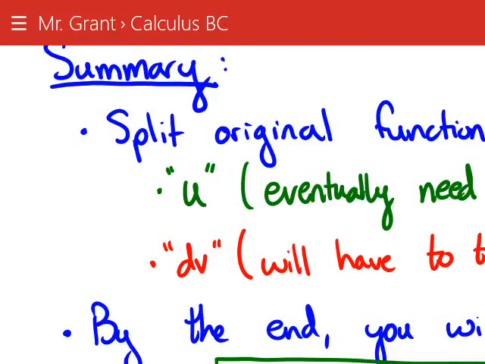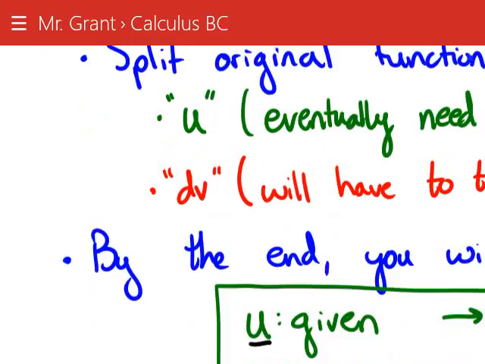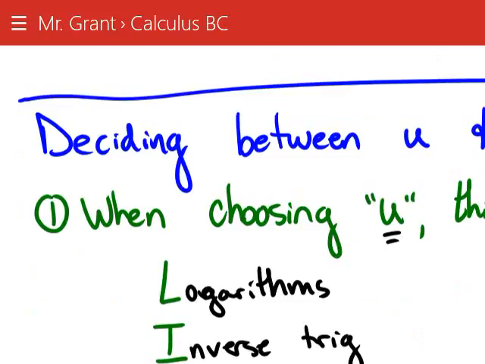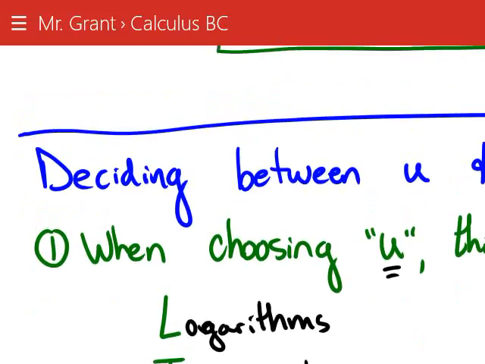So we have these four, and we're going to use them all. How do we do that? Well, sometimes deciding between u and dv for what you're going to substitute gets a little bit tricky. You're like, okay, I have some crazy function, I have x squared times the natural log of x times sine of x, so on and so forth. Which little piece of that am I going to choose for u? Generally, when you choose u, you want to think of the acronym LIATE.